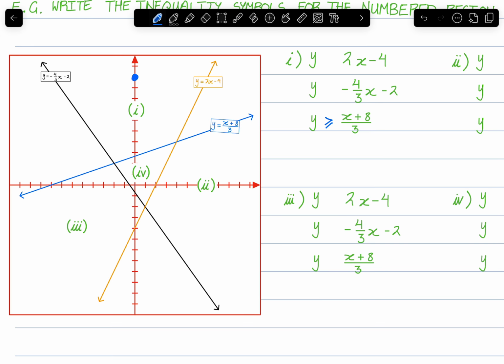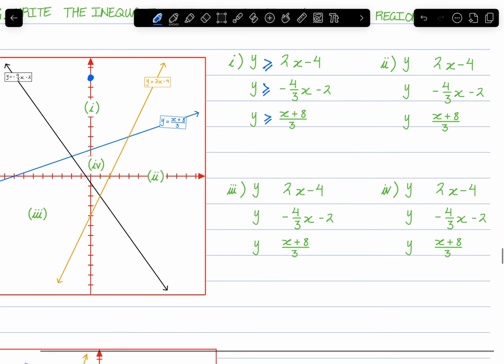So therefore, y is also greater than or equal to this line here. And then by that logic, you can figure it out. This point is also above this line at the same point. So it is also greater than or equal to. And so all 3 are greater than or equal to.